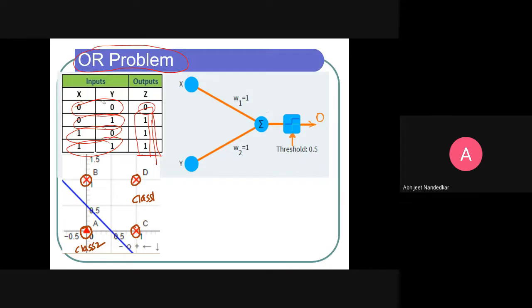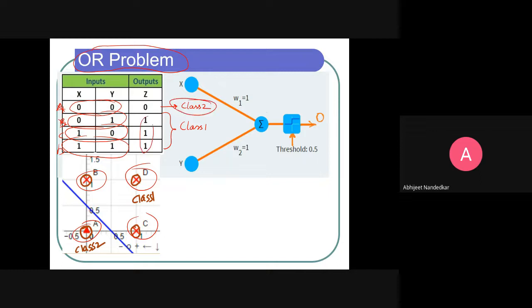Now if I plot these 4 combinations of inputs as features, suppose I call this x1 and this x2, or I can call the points A, B, C, D. There are 4 points here: A, B, C, and D. Suppose this is class 1, and this is class 2.